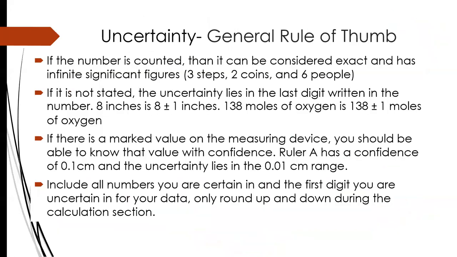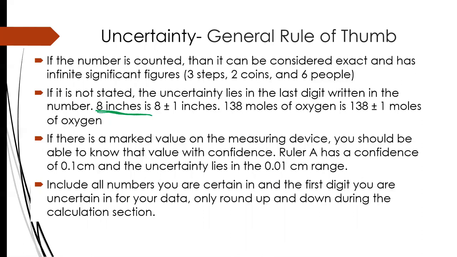Now for our uncertainty inside of our rules, the idea is that we're going to take that value that we see, and that last digit is going to be where our uncertainty is. So when we report something as 8 inches, we're really saying that that is 8 inches, and then there's some uncertainty in the 8.